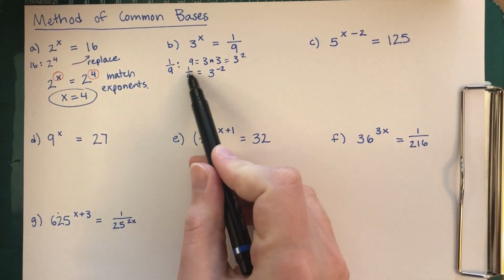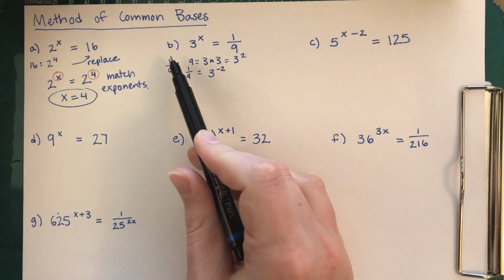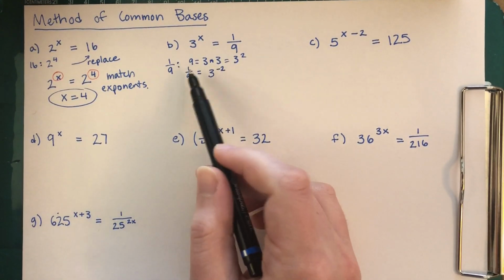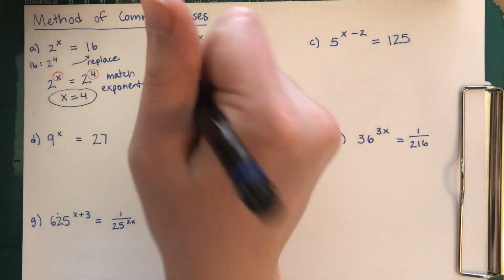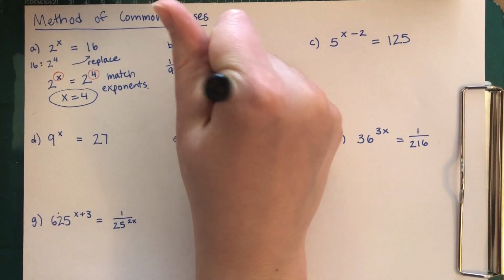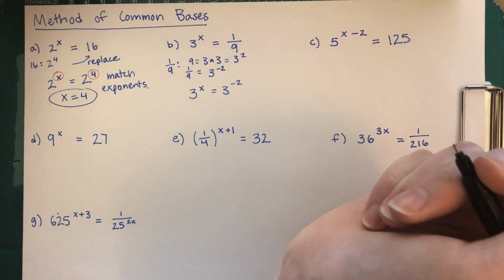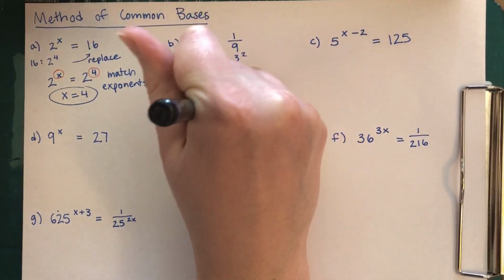When you write it on the bottom, the exponent becomes negative. So 1/9 is 3 to the negative 2. So I'm going to replace 1/9 in my equation with 3 to the negative 2. And I'm going to get 3 to the x equals 3 to the negative 2. I'm going to match these exponents and just find that x equals negative 2.